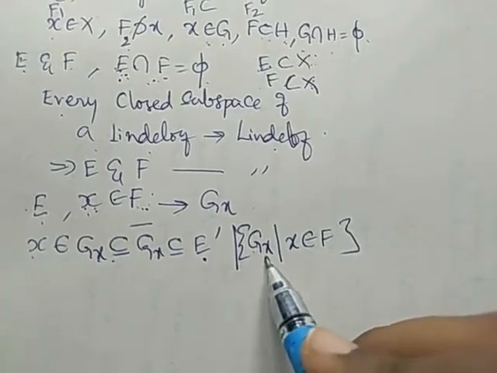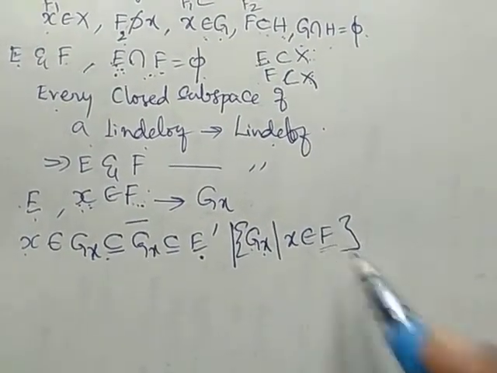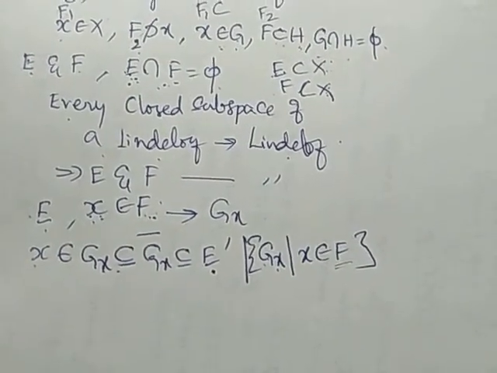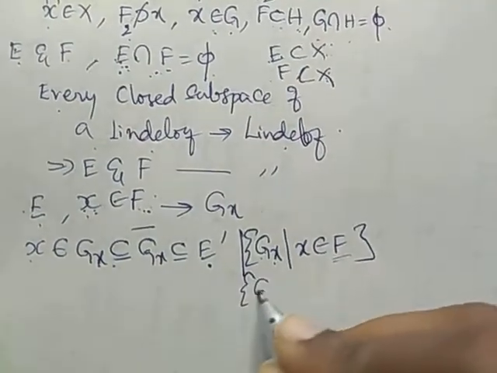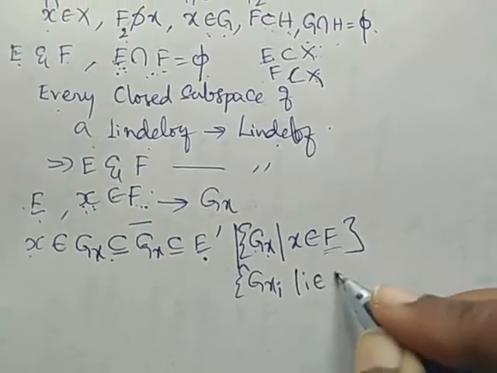Therefore, Gx forms an open cover for the set F and it has a countable subcover. Therefore, we can write it as Gxi, the countable subcover, such that i belongs to N.